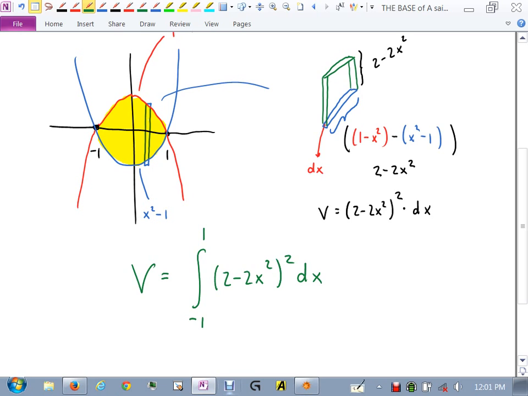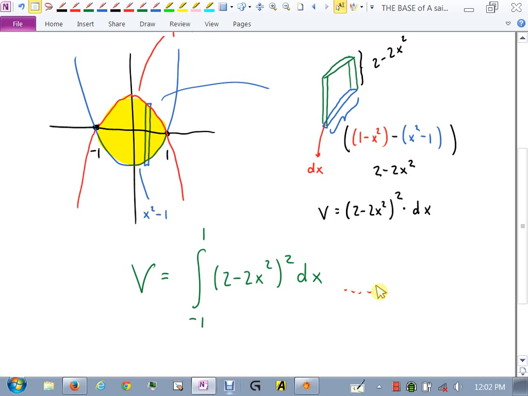And then you could FOIL it all out, power rule, blah, blah, blah. And I know maybe a few of you might be thinking, well, could we have just gone from 0 to 1 and doubled the answer? Could you? Yes, you're relying on symmetry for that in this particular problem. But in general, you'd have to be careful with what's happening above if it's not symmetric.